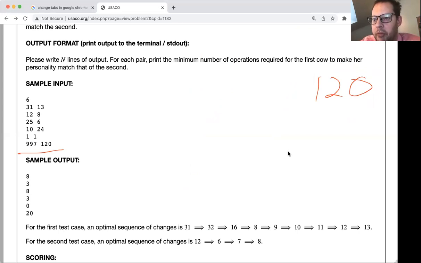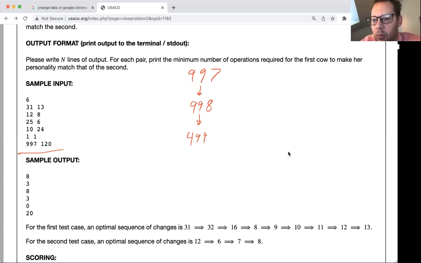We're going to run this number from 997 all the way down to 1. So from 997, I would have to add 1. That would give me 998. Then I could divide by 2. That'd be 499.